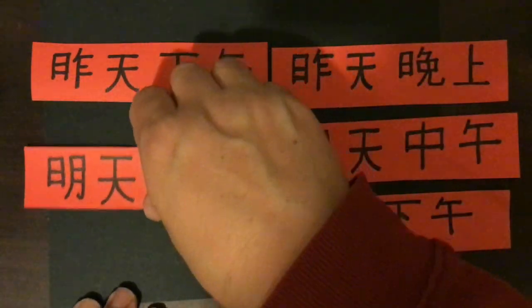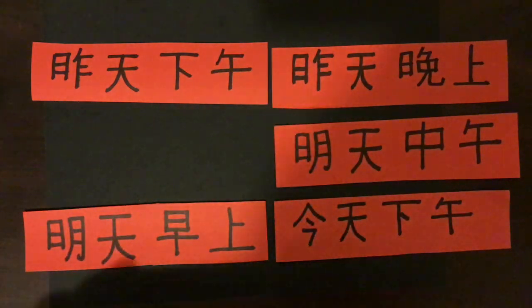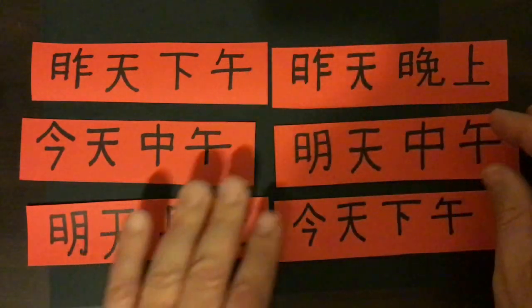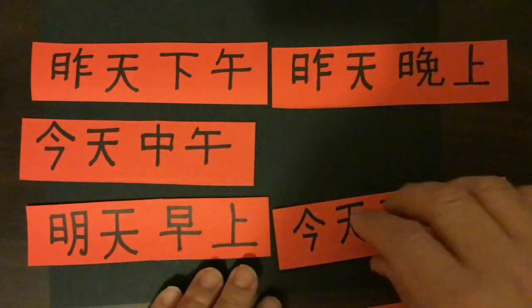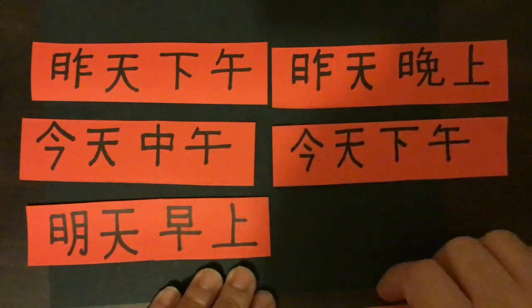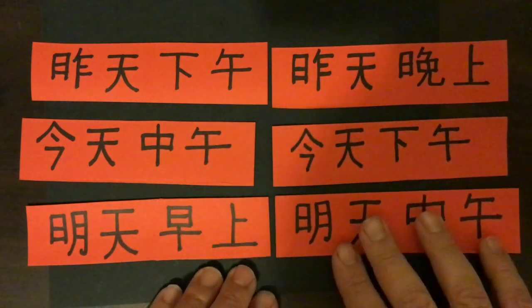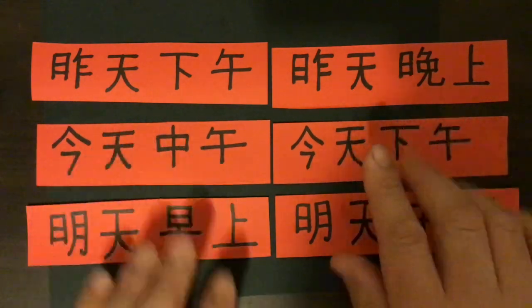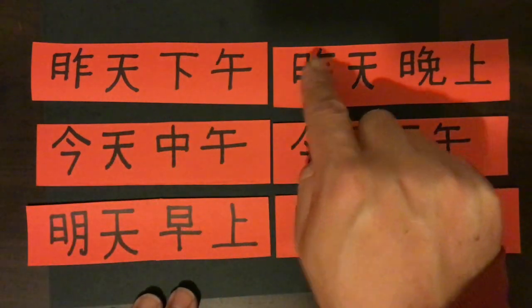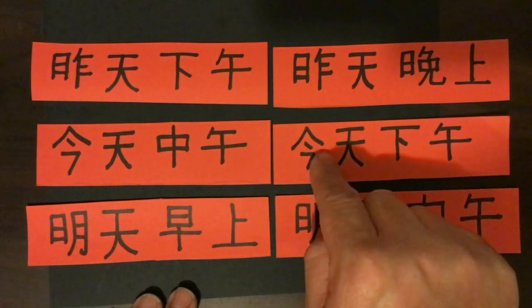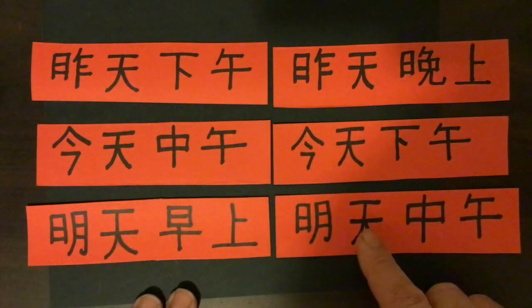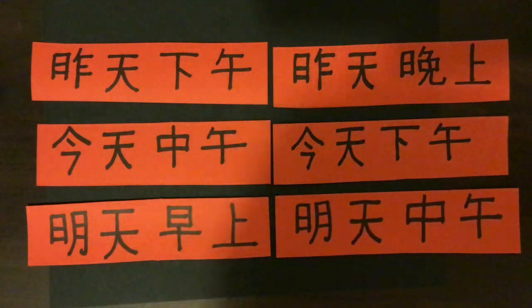Our jintians in the middle. And Mingtians down the bottom because that's all tomorrow. So we've got 2 yesterday time segments, we've got 2 today time segments, and 2 tomorrow time segments. So we'll just need to work out what they mean.